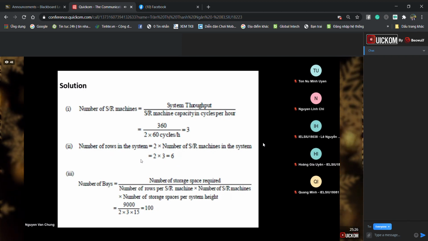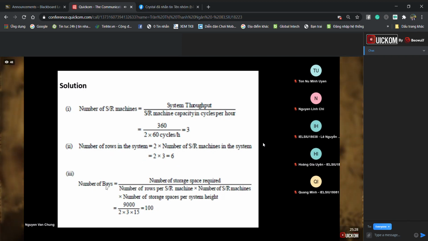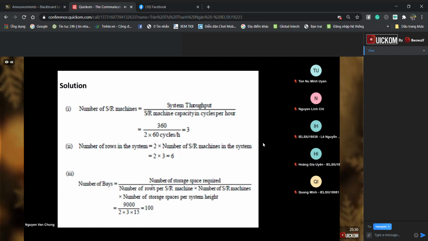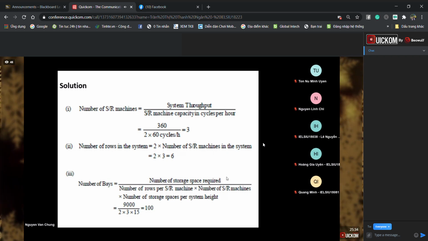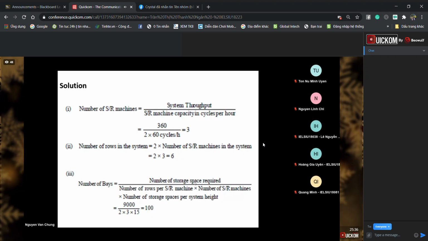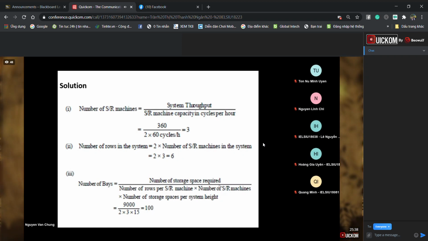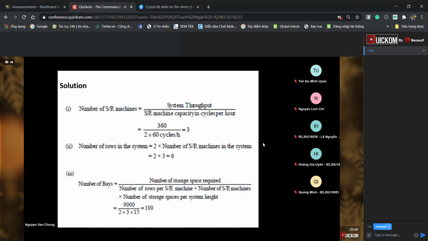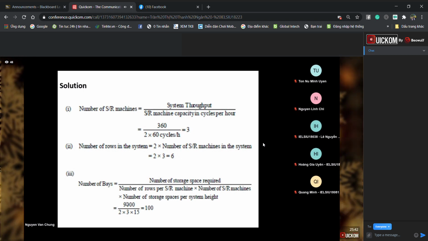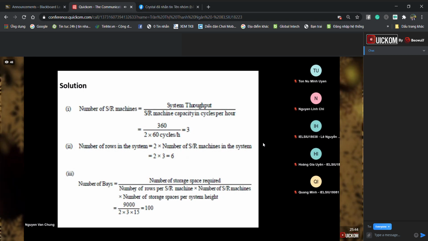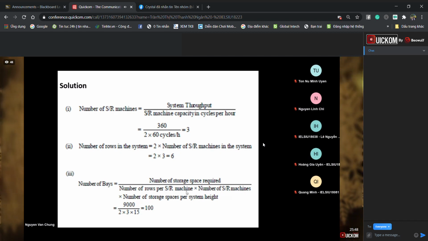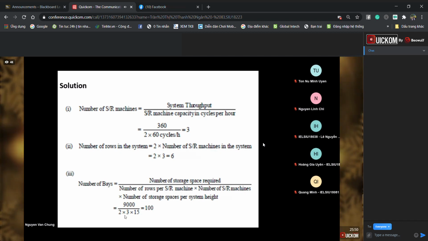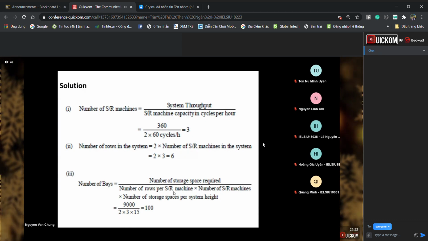Okay, the number of rows and the number of bays. The number of storage spaces required, the estimation you have is 9,000.